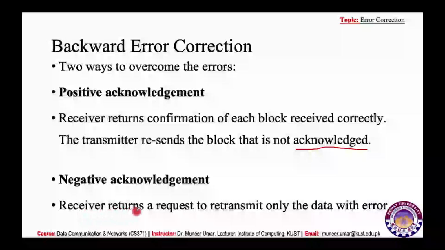The receiver returns a request to retransmit only the data with error. So, if the receiver detects an error, then it informs the sender. Otherwise, for correct data, no acknowledgement is sent, and the sender is not informed about the correctness of received data.